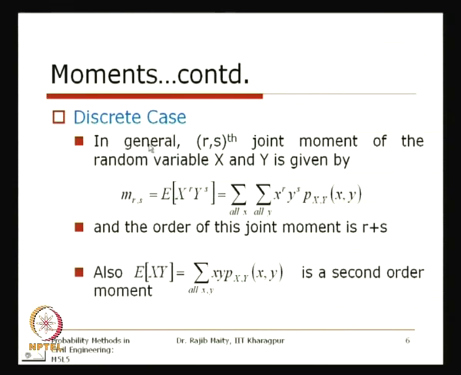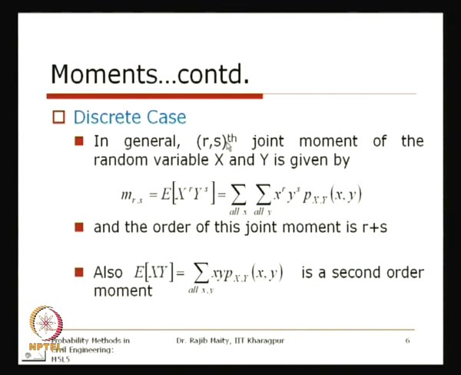So, in general, we talk about the r comma sth joint moment. Remember that for a single random variable we consider just one order, that is, which moment we are considering, whether the first, second or third.